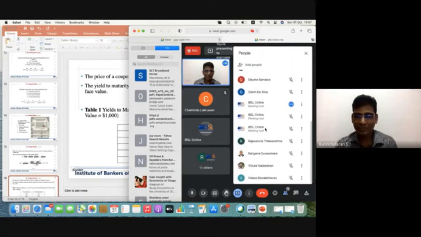You could see in the market, treasury bill rates are increasing at a speedy rate.